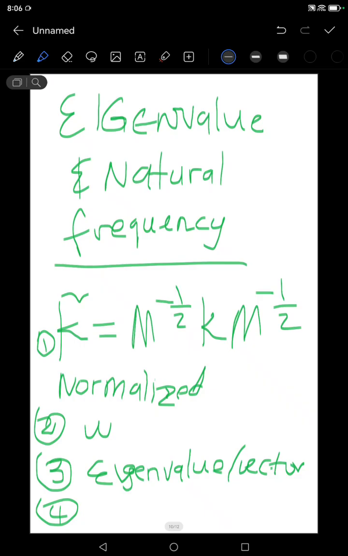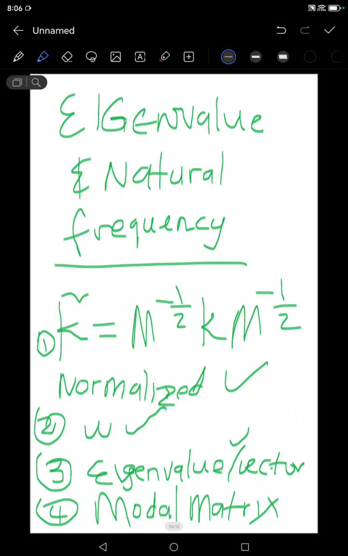So this is the main objective of our next topic: determining the normalized stiffness, the natural frequency, the eigenvalue and vector, and then the modal matrix.